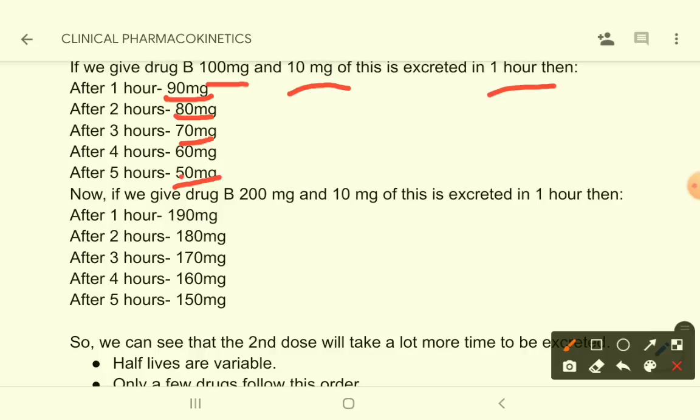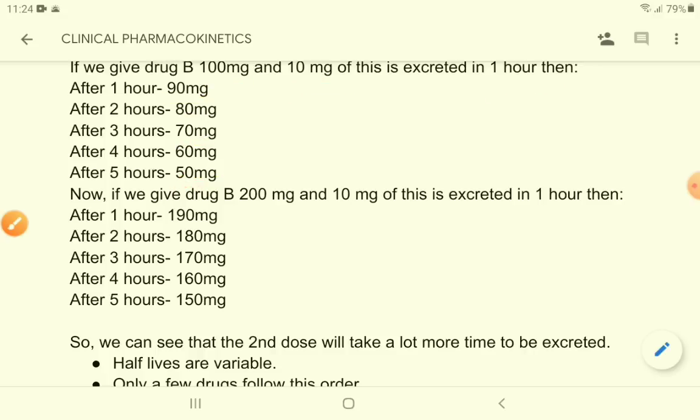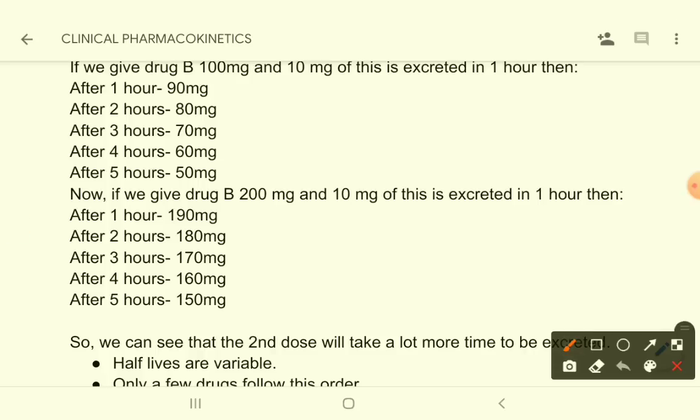However, if we give 200 milligram of the same drug and the drug follows zero order kinetics, then what will be the result? The exact 10 milligram of drug is excreted per hour. So after 1 hour, the remaining drug will be 190 milligram.